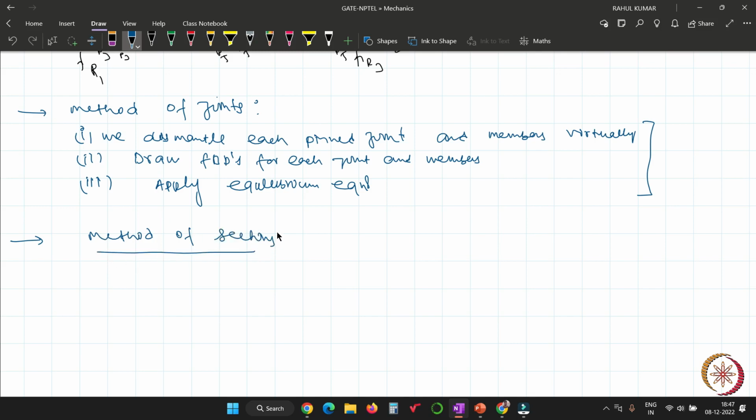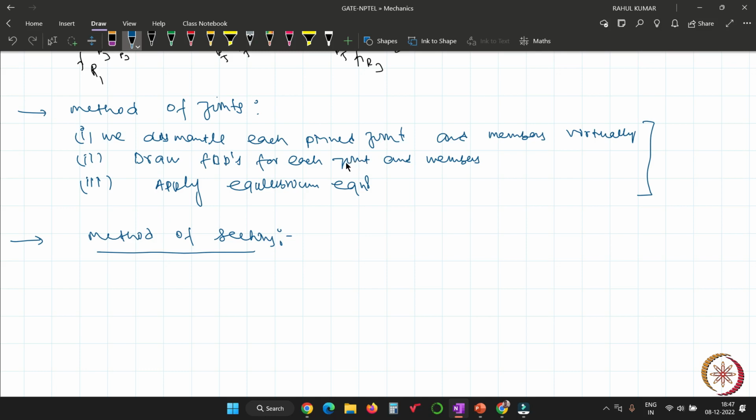So what is the advantage of using this method? In the method of joints, you have to separate each member, and the advantage is you are able to find forces in all members and all reaction forces.